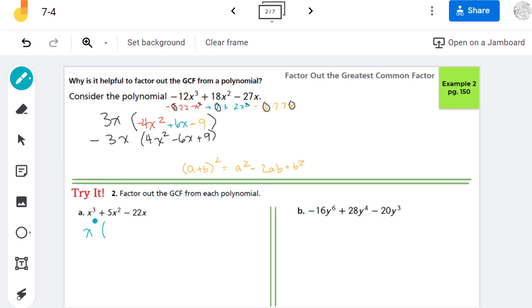So my GCF in this case is just x. And so now I'm going to go to each term here, and I'm going to put what's left, right? So if there's 3 x's here, and I'm using 1 here, that means there's an x squared here. Another way to think about it is x cubed divided by x is x squared. So here I have 5xx, so if I take one of those x's away, I have 5x, and then minus 22.